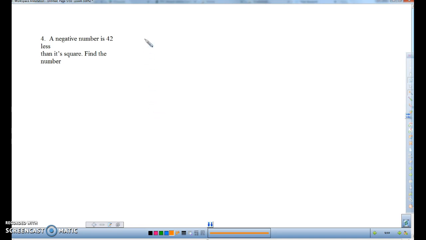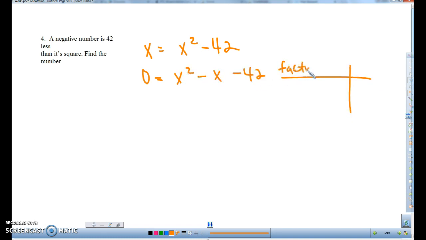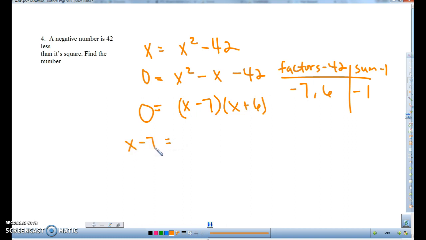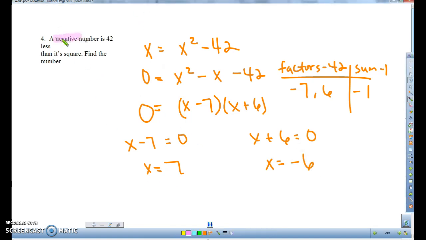Try that on your own. x equals negative 6 is my answer. Okay, let's try number 5.